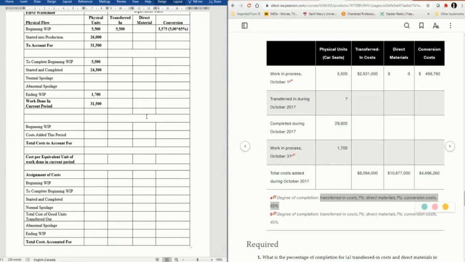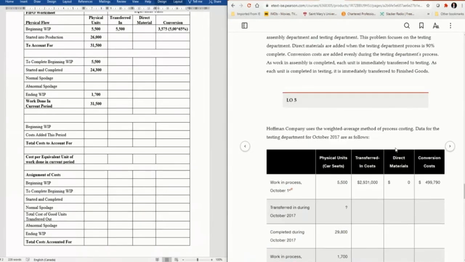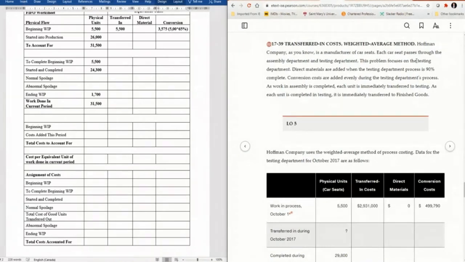Now, back here in the question, it said that the new materials in the testing department are added at the 90% point. So we do our testing, we do our testing, we do our testing. We're almost finished. So it's time to add the leather seats. And then we ship it out. What we're testing is really the mechanics, to make sure that it slides back and forth, that it goes up and down, and the springs are working and the heating element is attached, and all the mechanics is there.